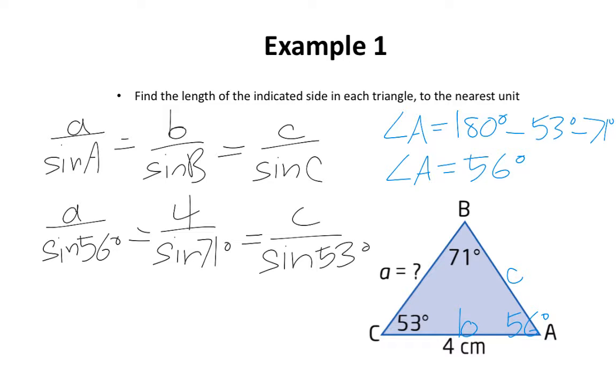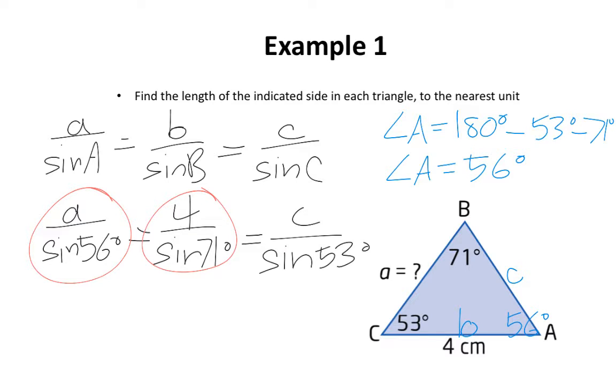Now, you want to look back at the question and see what you're looking for. We want to find the length of the indicated side. The indicated side is A. So we're going to be working with A over sine of 56 degrees because we want to solve for A. However, I have two other fractions that I could be using, but you want to be using the fraction which has numbers both in the numerator and denominator.